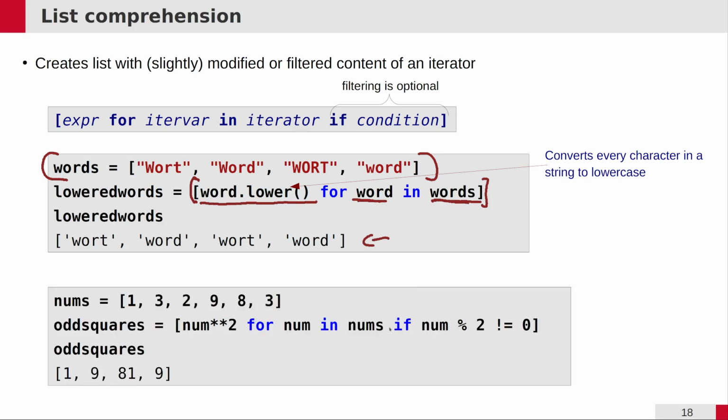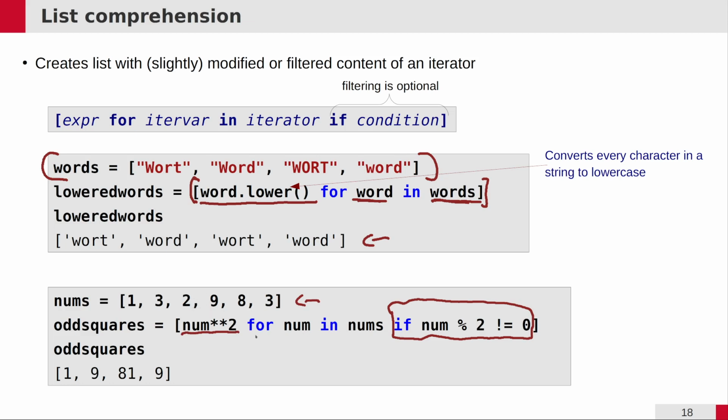You can also use some filtering. So basically this for you can also extend with an if clause. So you can say, okay, I'm not including all of the items, but only the items that fulfill certain criteria. The example here is, let's assume we have a list of numbers and we want a new list which contains the square of those numbers, but only if those numbers are odd numbers.